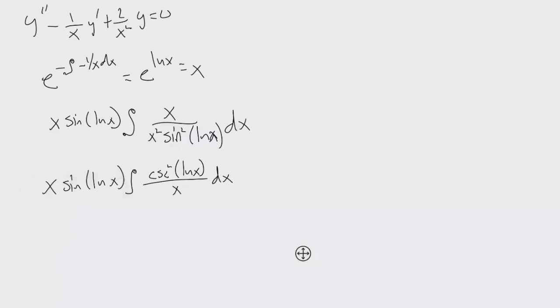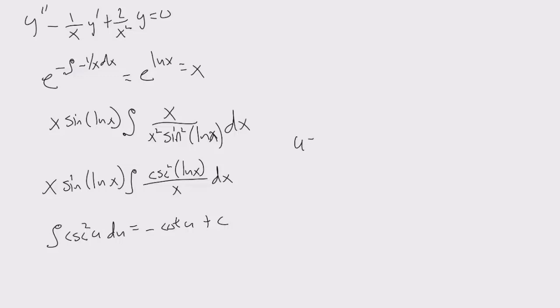And all right, so reminder then, the integral of cosecant squared u du is negative cotangent u plus c. So we can take advantage of that. Of course, we have that interesting, what do we do about that x in the denominator and dx, but luckily we get a nice hint with that ln.